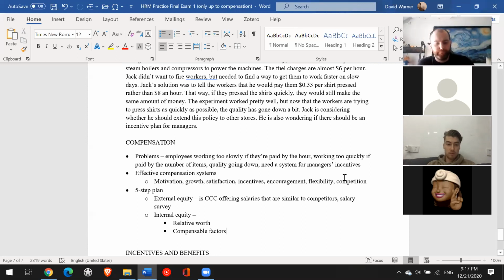It's what you pay people that are doing the same job, or the same level of importance. It could be, but it's about what people are worth to the company.